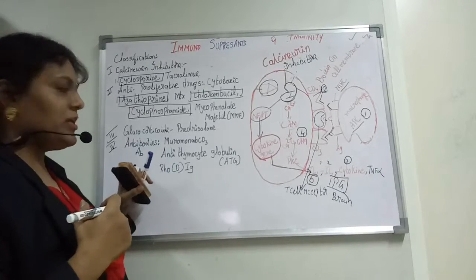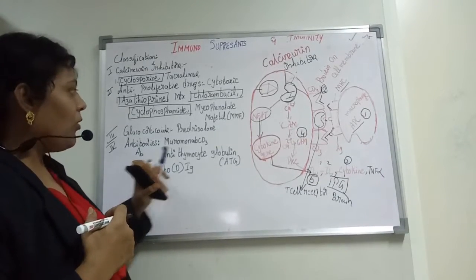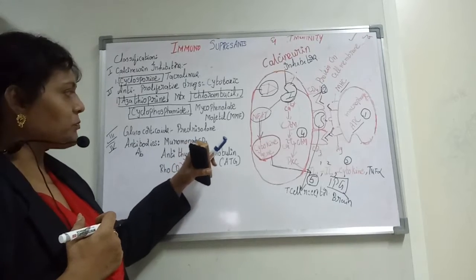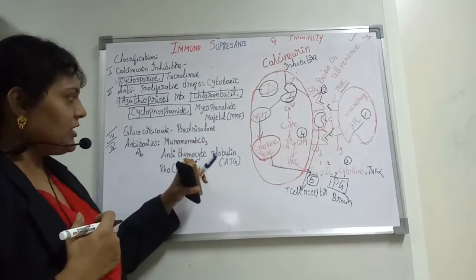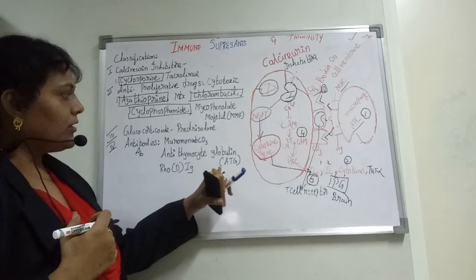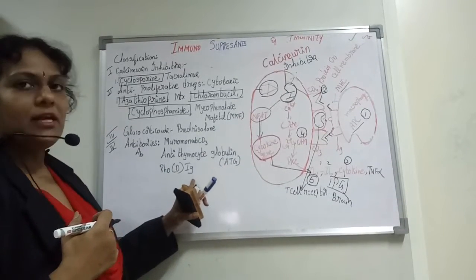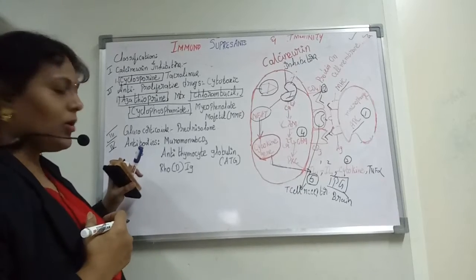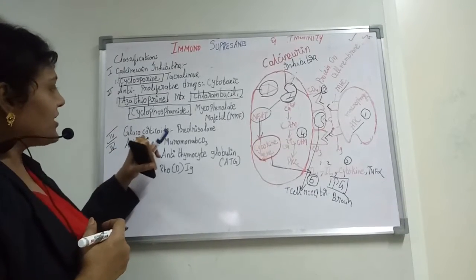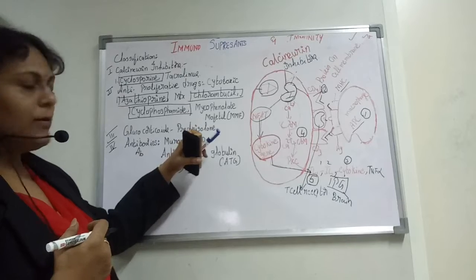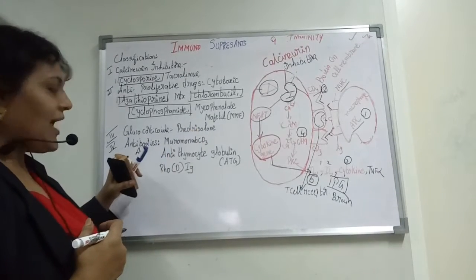And now these antibodies are also one of the classifications, which includes muromonab-CD3, anti-thymocyte globulin, nothing but ATG, and also Rho-D immunoglobulin. Once again I want to repeat: glucocorticoids, called prednisolone, and also antibodies.